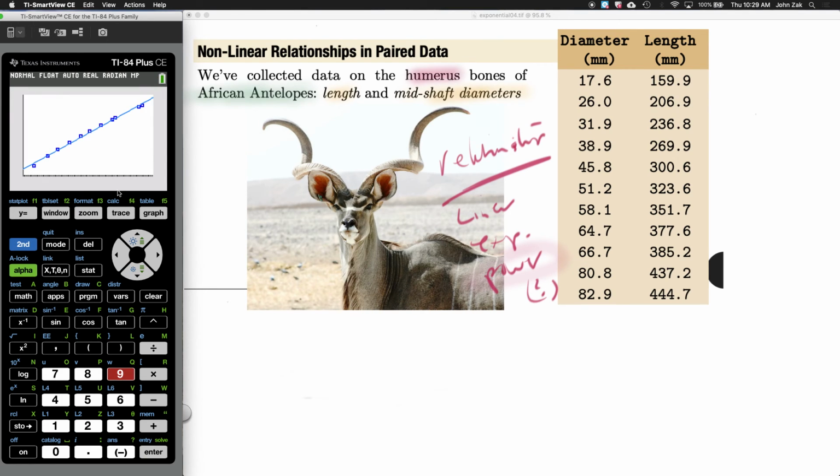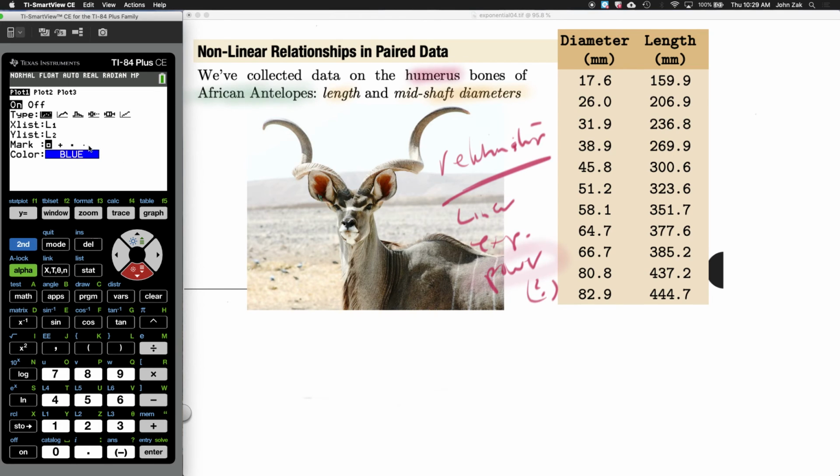Now, when I look at that, you might say, holy moly, that line seems to fit almost perfectly through all those points, and it's probably pretty close to being correct. But remember that in order to check if something really fits a linear form, a better thing to look at than just the scatter plot itself is the residual plot. When I created that least squares regression line, it actually created a list of residuals.